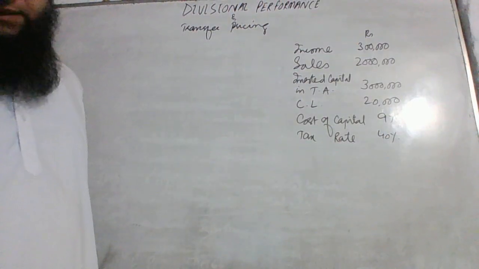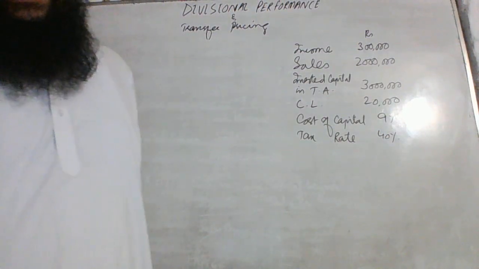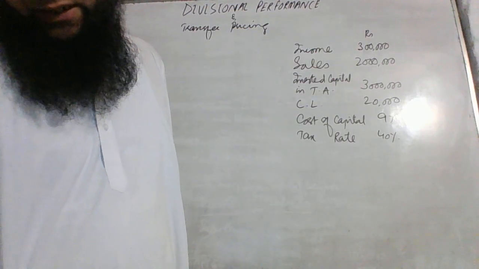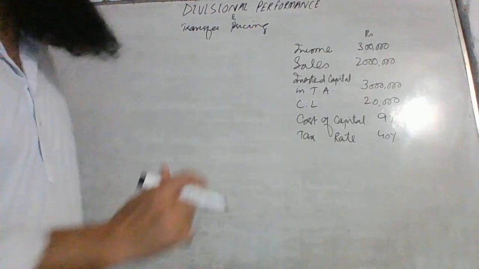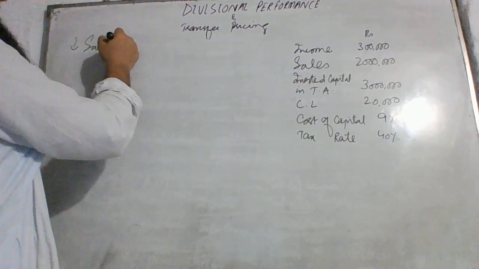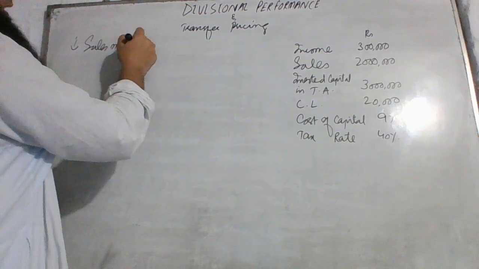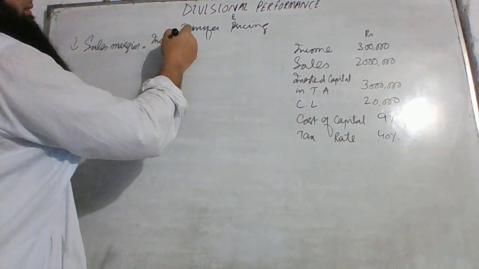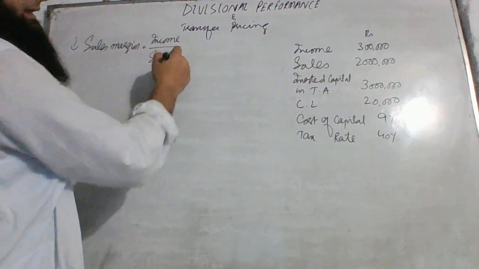From this data, we have to calculate the number one, sales margin. Well, the formula of sales margin is income upon sales.